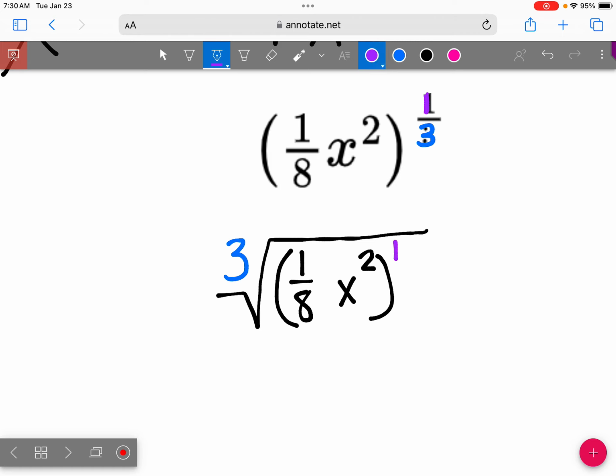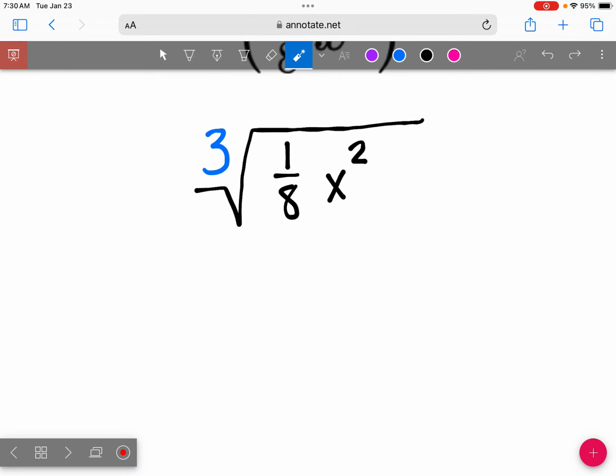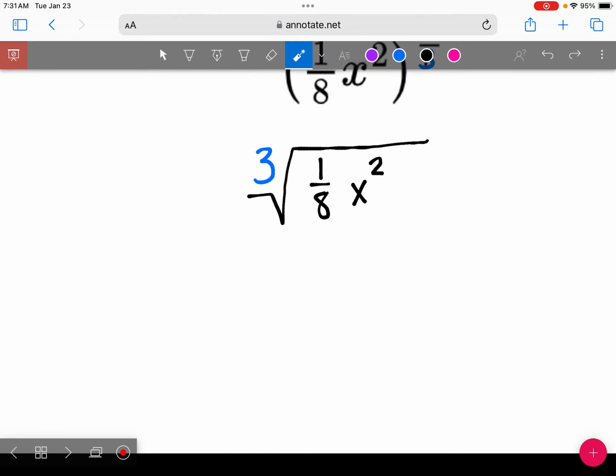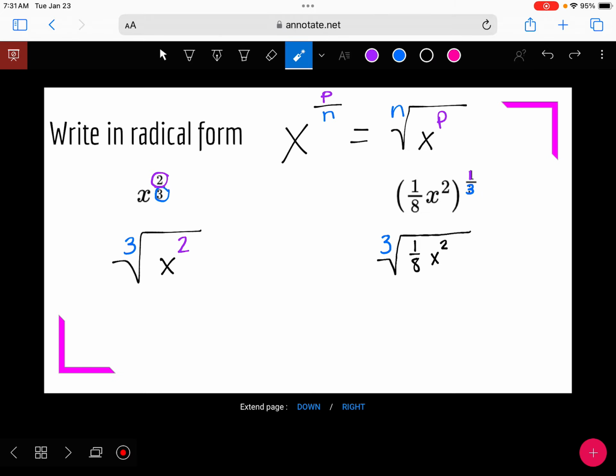Does a power of 1 actually do anything? Nah. So you don't have to put it. You can if it helps you to remember that power of 1, but you don't have to put it. We could simplify this one, but we don't need to right now. Mostly this is just about the form to start with right now.